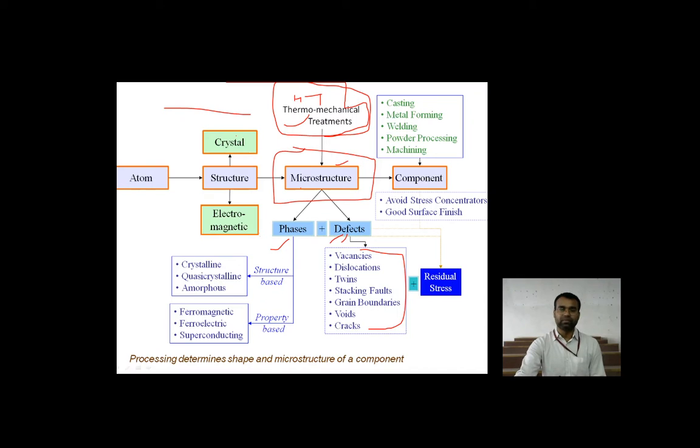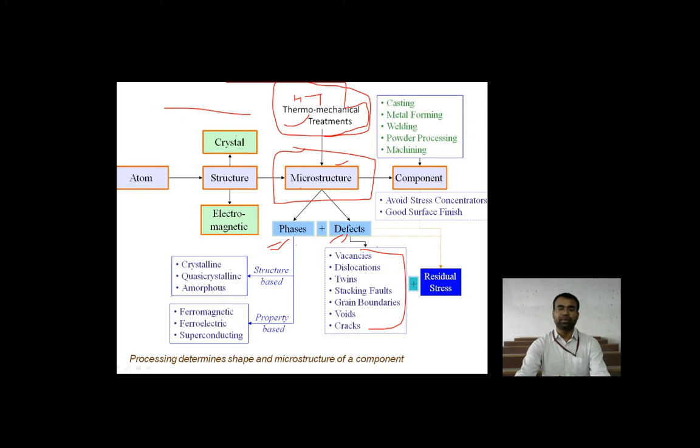So what happens when we are heating and cooling something in the microstructure? There are structure-based and property-based changes. The structure-based changes are crystalline, plastic and amorphous changes happening in the material. At the defect level, there are lots of defects in the material: vacancy, dislocation, twin, stacking fault, grain boundary, void and crack.